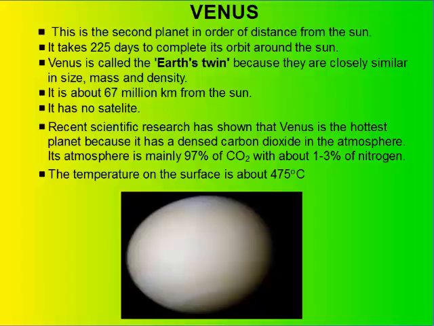Recent scientific research has shown that it is the hottest planet in the solar system because it has a dense carbon dioxide atmosphere. Its atmosphere is mainly 97% carbon dioxide with about 1 to 3% nitrogen.